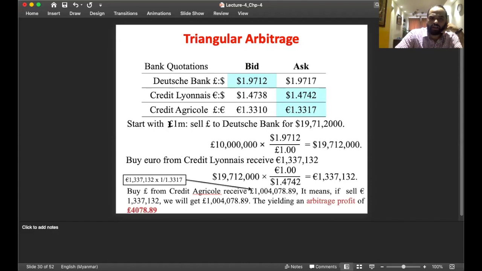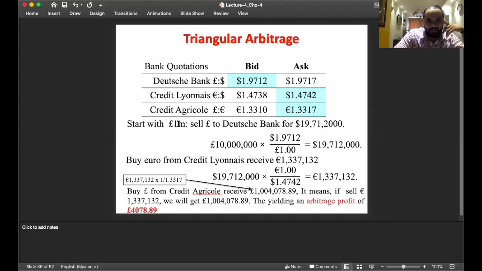So start with 1 million pounds, sell pounds to Deutsche Bank for these dollars. These are the exchange rates offered by the different banks. So you are buying USD. You have 10 million pounds. 1 million or 10 million?